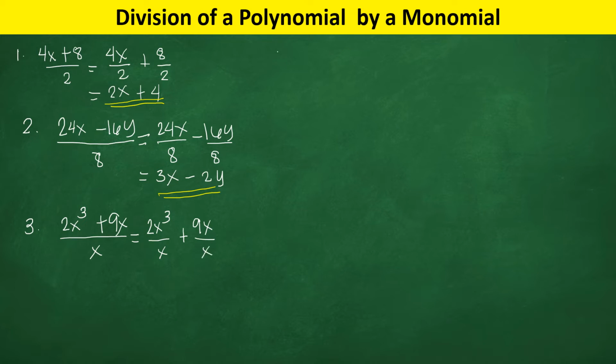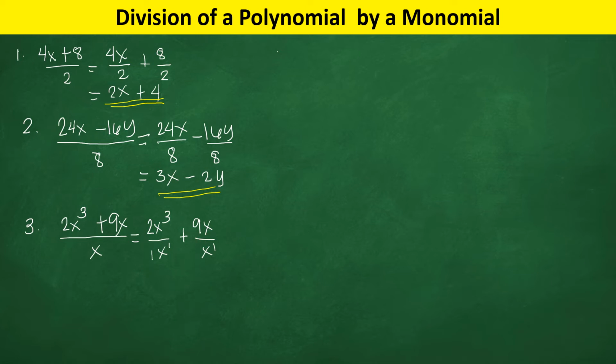Okay, in this example, ang ating denominators ay mga x, ang kanilang numerical coefficient ay 1, at ang kanila ding exponent or power ay 1. Hindi lamang ipinapakita ang mga numerical coefficient niya o ang kanyang mga exponents because it is understood na kapag walang variable sa harapan ni x or exponent sa kanya, it is already understood na ang kanyang numerical coefficient or constant ay 1 at ang kanyang exponent or power ay 1.